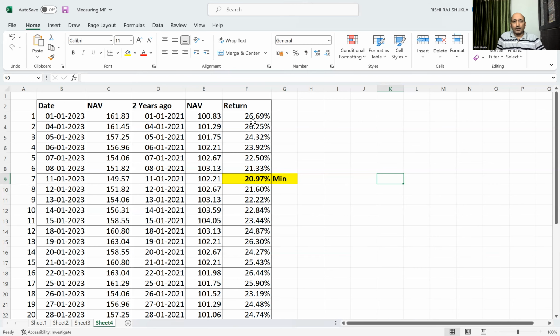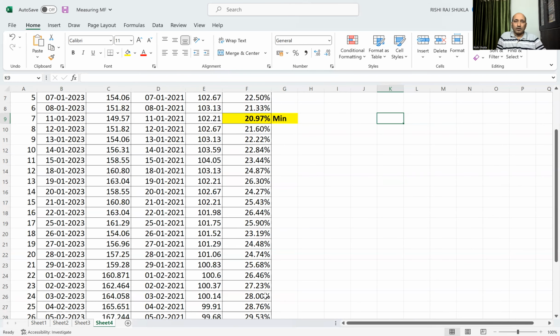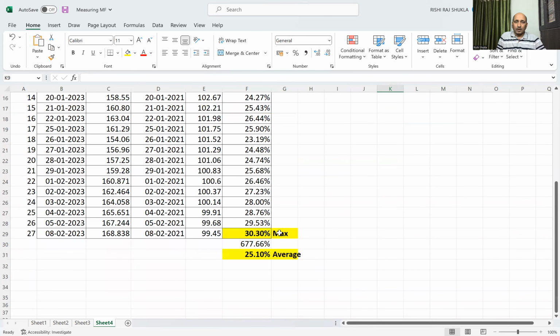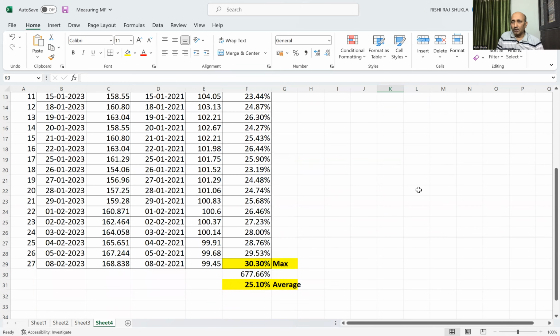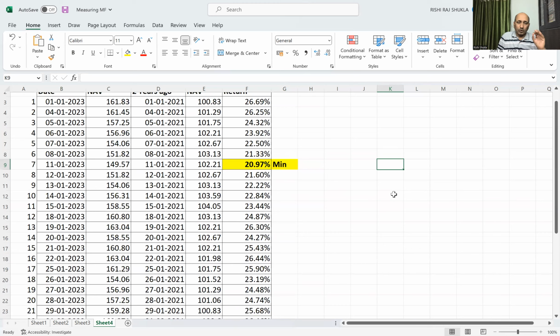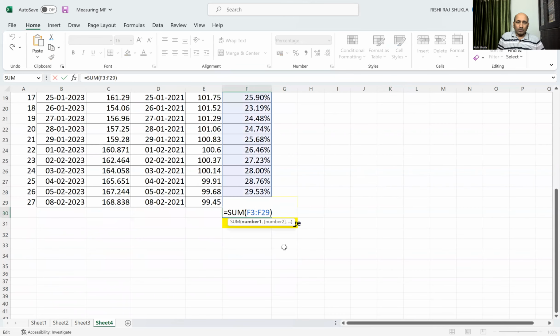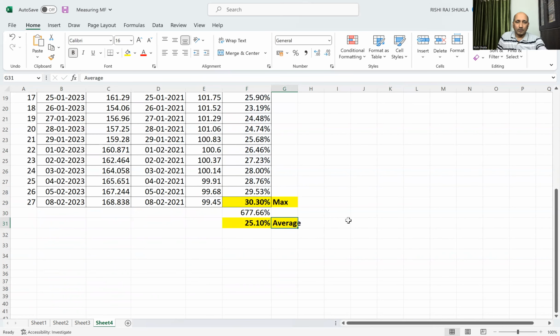Here, one thing we can see from this whole thing: this minimum return is 21.97%, and we can see this maximum is 30.3%. So we can see the fluctuation from 21 to 30. And if you calculate the average, the sum of all this divided by 27, we get this 25.